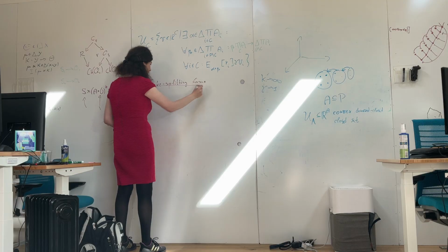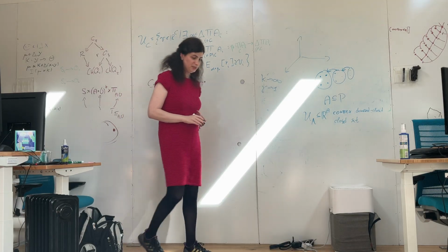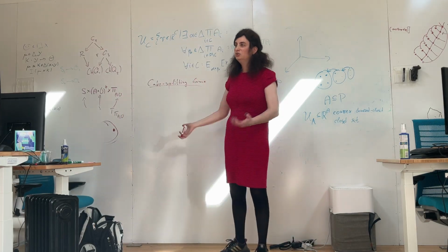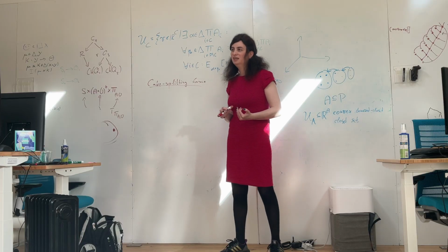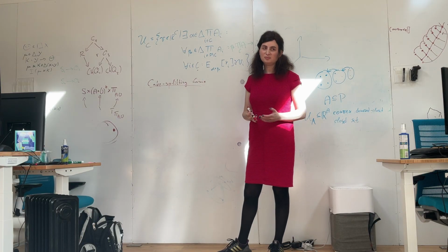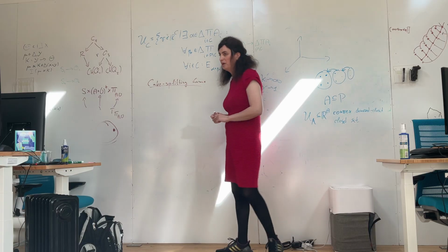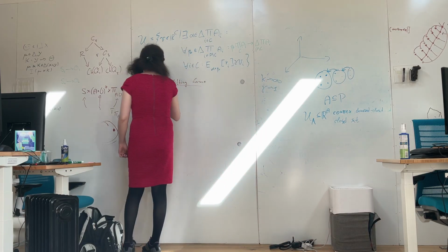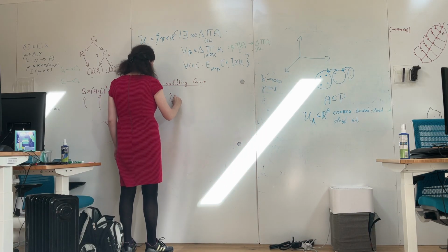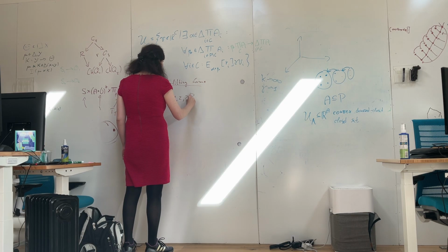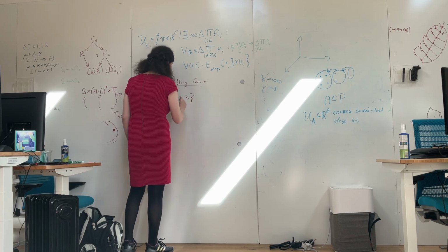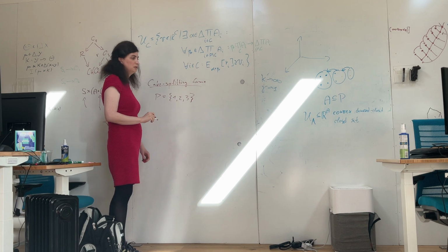So we have like 3 agents, and they're splitting the cake, but any 2 can overpower the third and take the cake to themselves. So the players are 1, 2, 3, and each player's strategy is with whom they want to form a coalition.